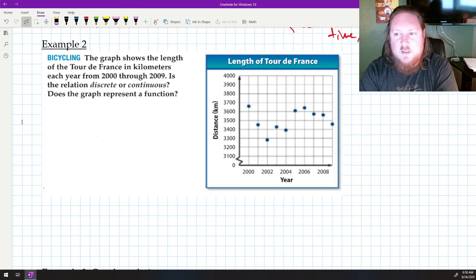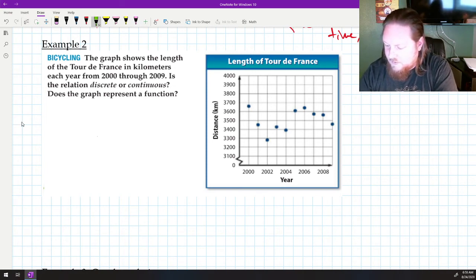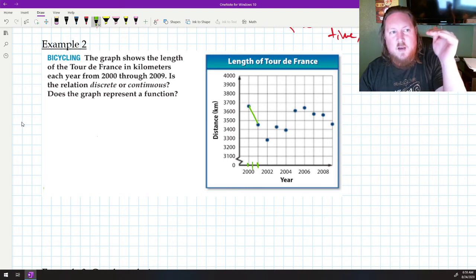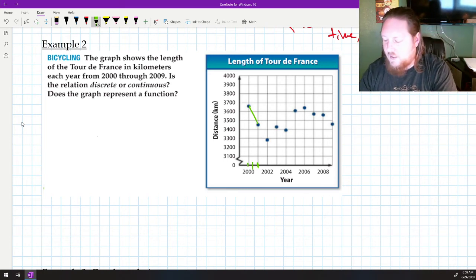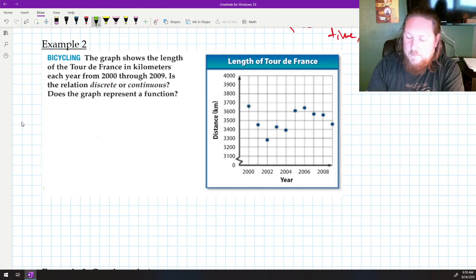And does it make sense that between the years there's other races, like if we were to connect them together, and I'll erase this in a second, if I were to connect these 2 years together, would it make sense that between the 2 years where this big race is happening, there's another version of the race that's happening that's every day slightly decreasing in length? No, that doesn't make any sense at all. So here it is definitely discrete.